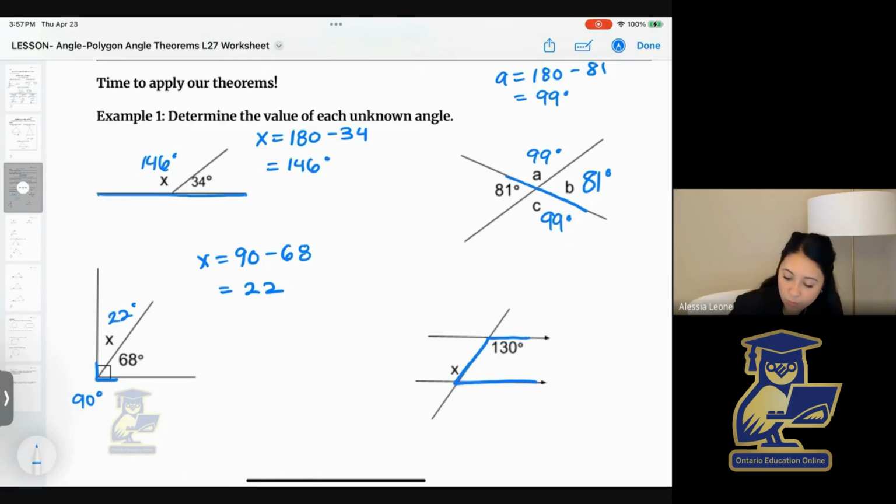We want to find what this is. We remember the C pattern looking back: these two should equal 180 degrees. So question mark equals 180 degrees take away 130. So this is 50.